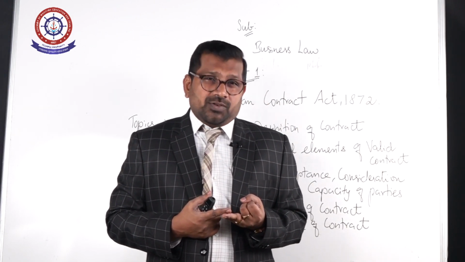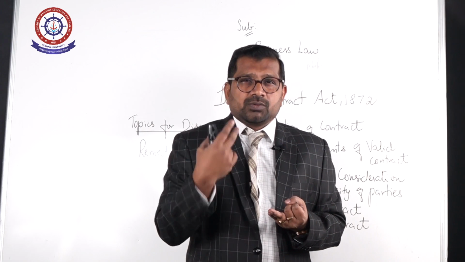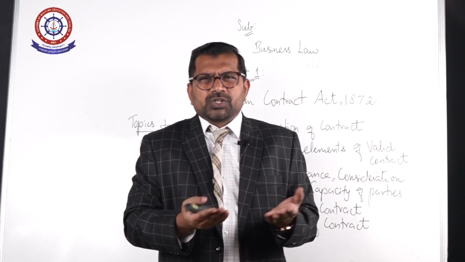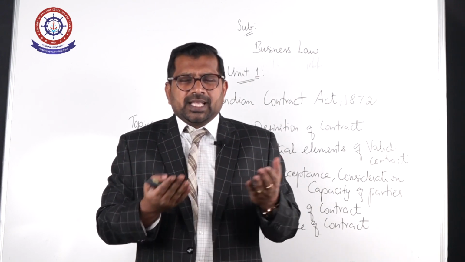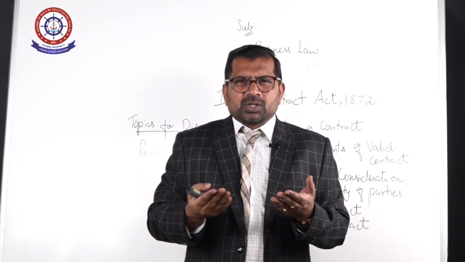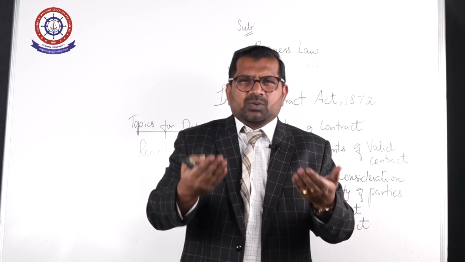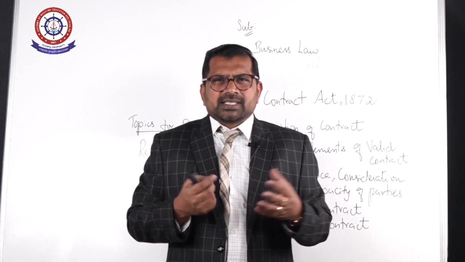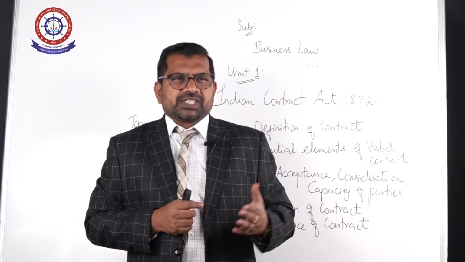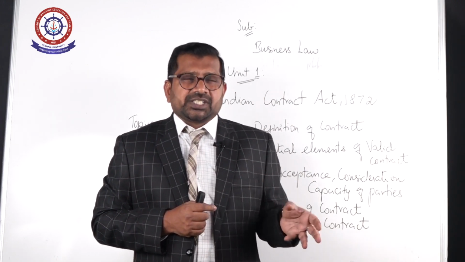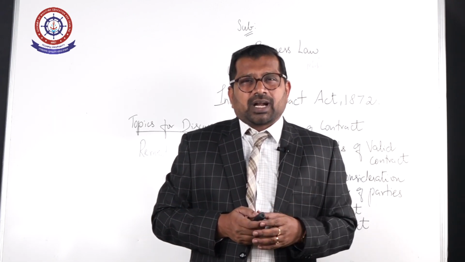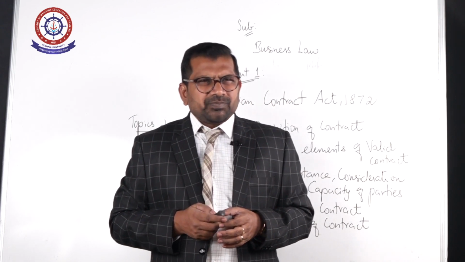Second, undue influence is gaining an advantage over the other party, as in the relationship between police and accused, or between lawyer and client. The third one is fraud, with intention. Misrepresentation is cheating without knowledge. All these contracts are called voidable.